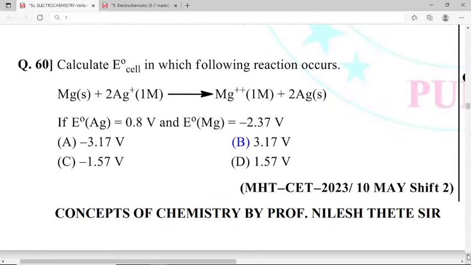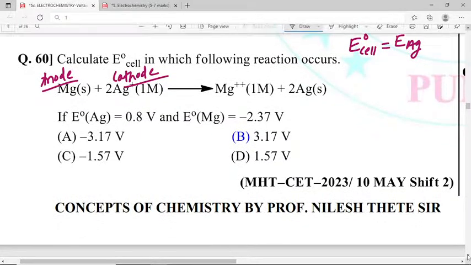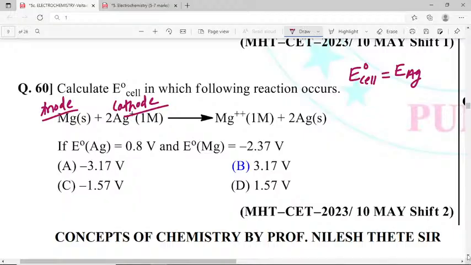Calculate the E naught cell. Same question, E naught cell. So Mg is the anode, and this is the cathode. Again the E naught cell is equal to cathode minus anode. So what is the cathode? Silver is the cathode, minus Mg as the anode.